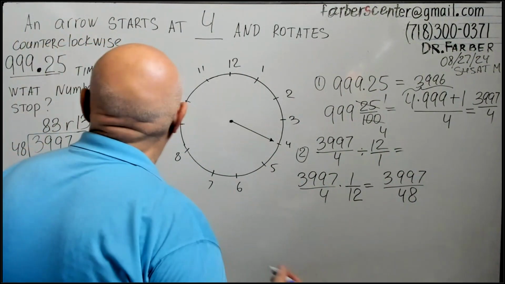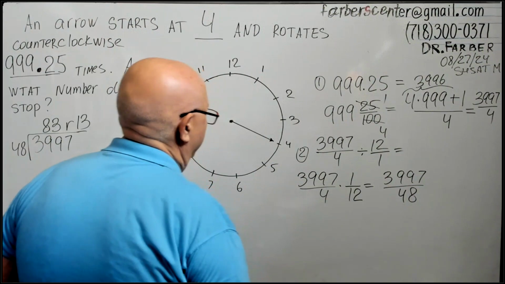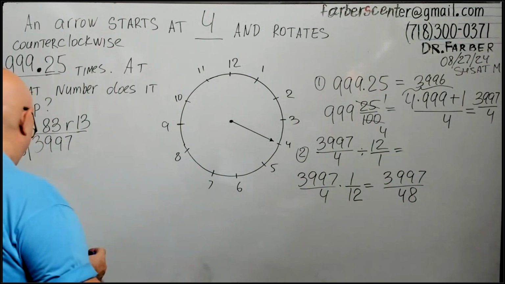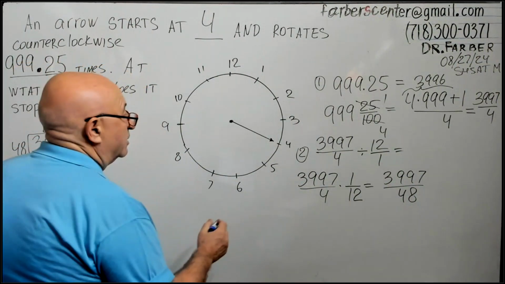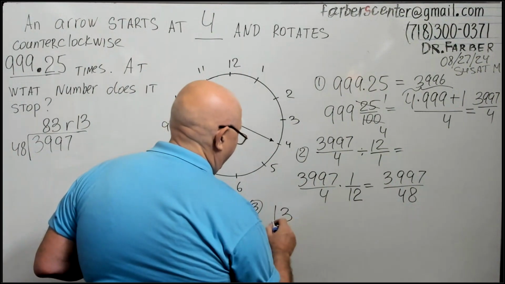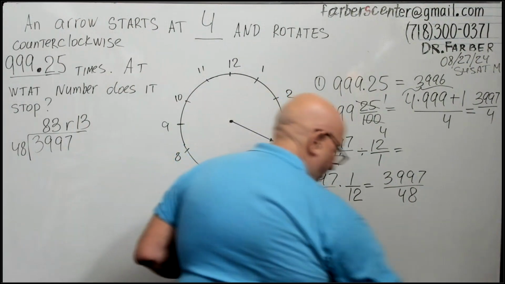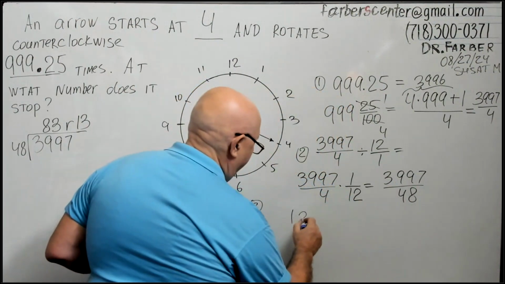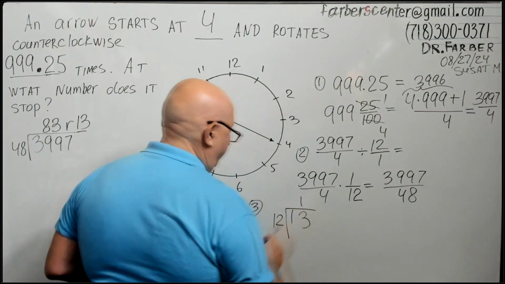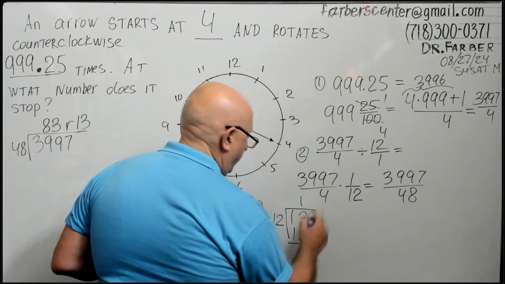To save time and space, the next step, I am supposed to divide 13 by what? By 12. So in step number 3, I can do it mentally, but to be consistent, if I divide 13 by 12, it goes 1, minus 12, and remainder 1.